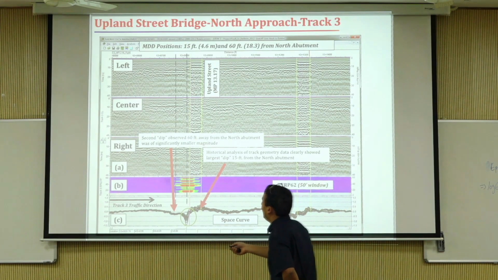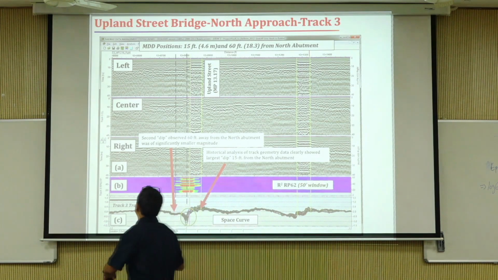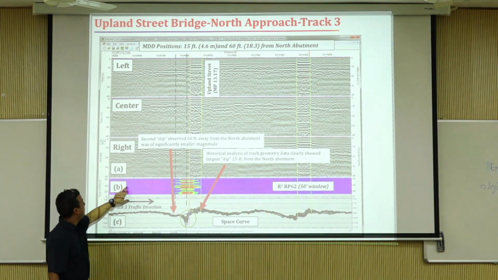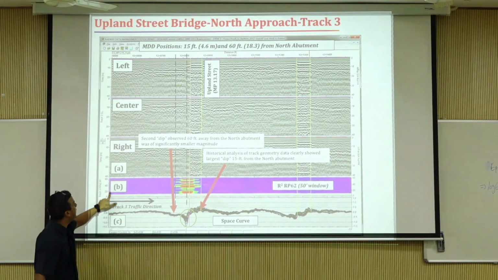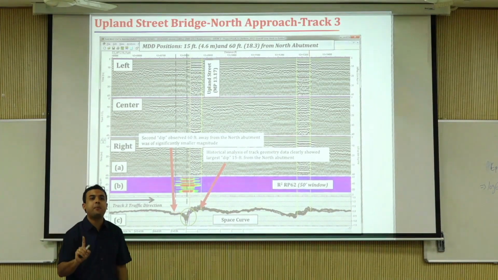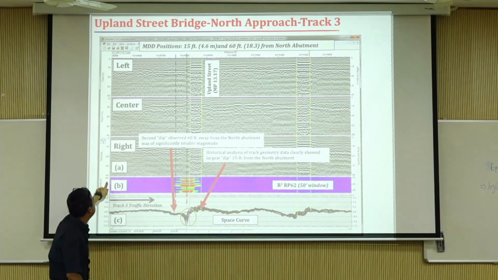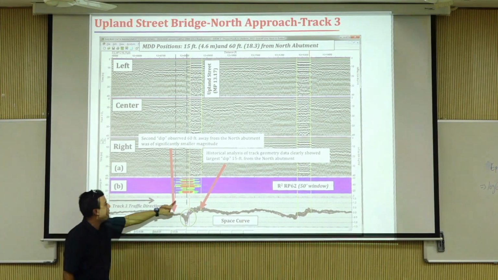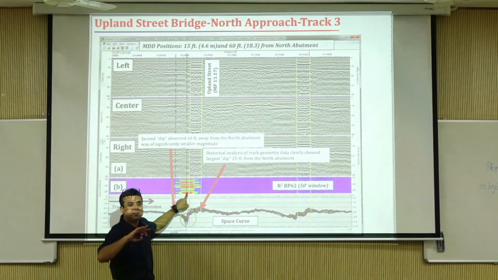This is what is known as running roughness measurements, and there is a way to read this. The vertical axis is time. Think of it as increasing time. So it's 60 months, so 5 years of data here. Red means it's a very rough track.